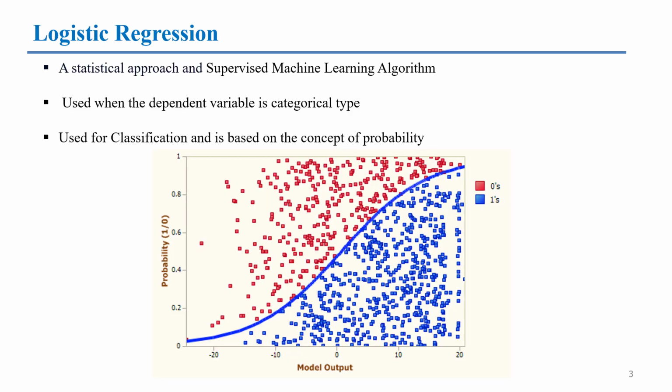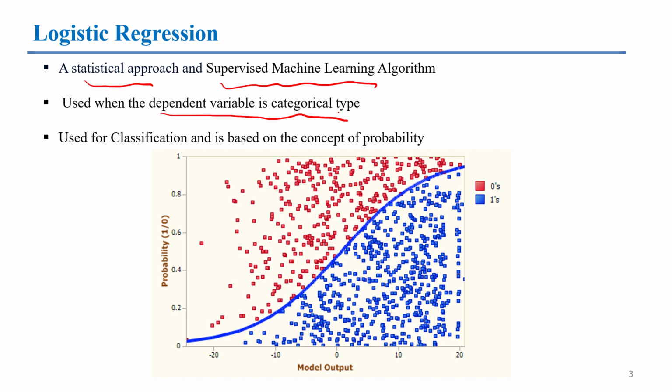So let's first discuss what logistic regression is. Logistic regression is a statistical and supervised machine learning algorithm which is used when we have the dependent variable in a categorical form.